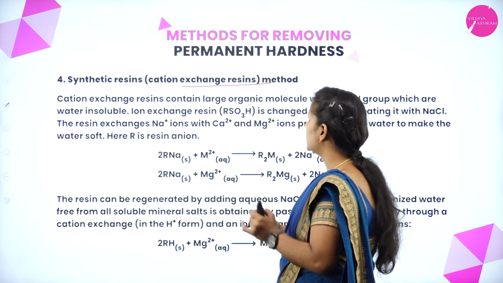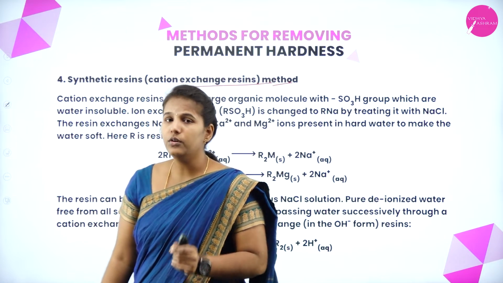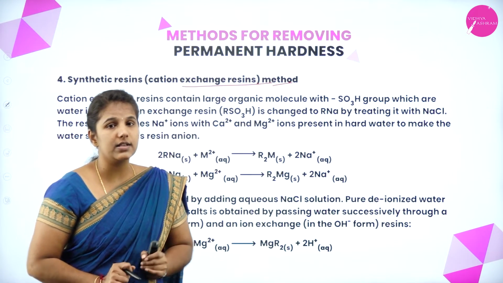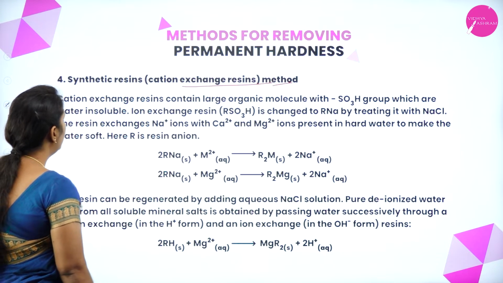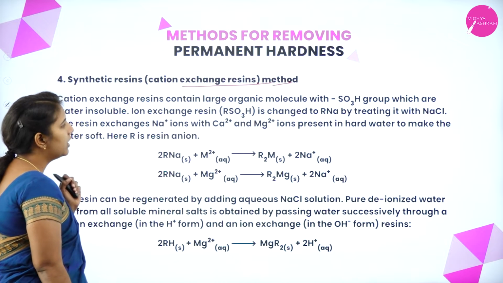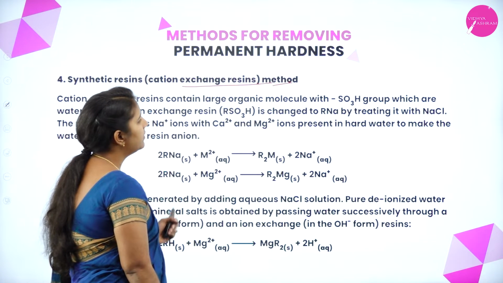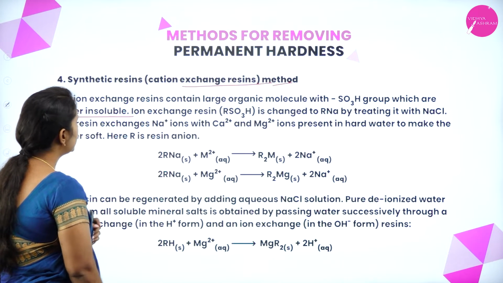Cation exchange resin method. Okay, let's see how by using synthetic resin also we can remove the permanent hardness of water. The cation exchange resin consists of large organic molecules with SO3H group which are water insoluble.